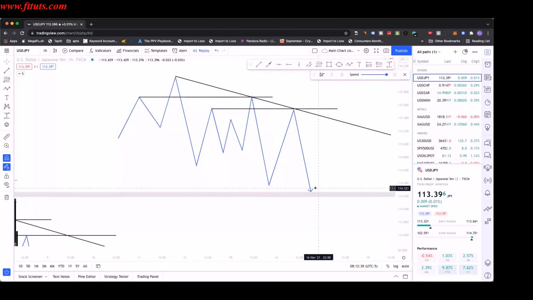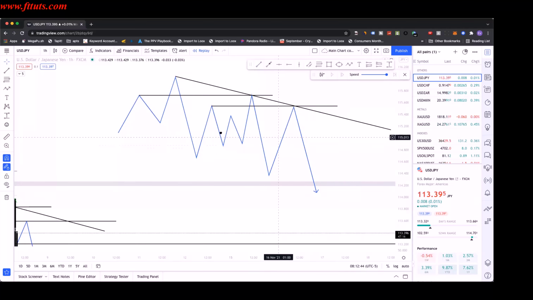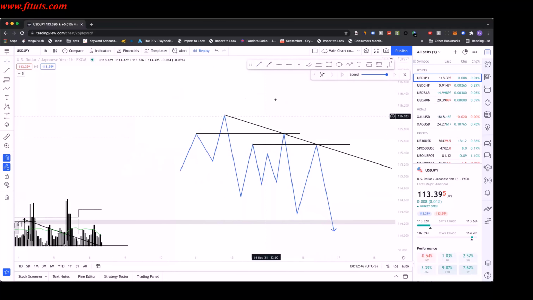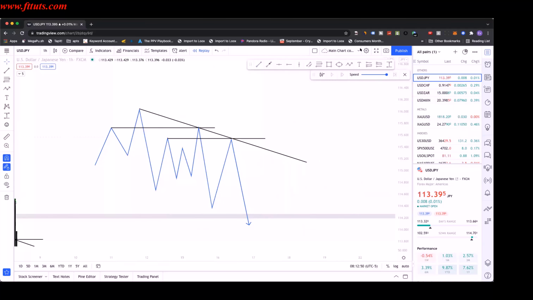We would see that price broke from here. Hold on, let me move this chart. For some reason, I can't move it. There we go. Sorry, not this.